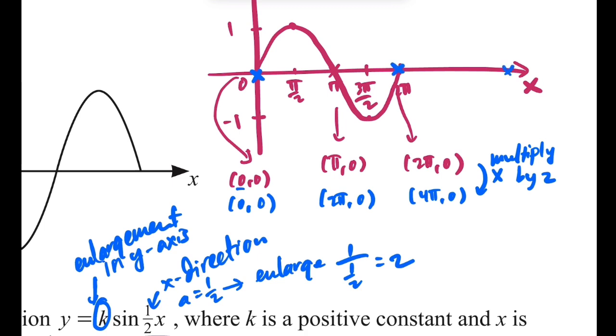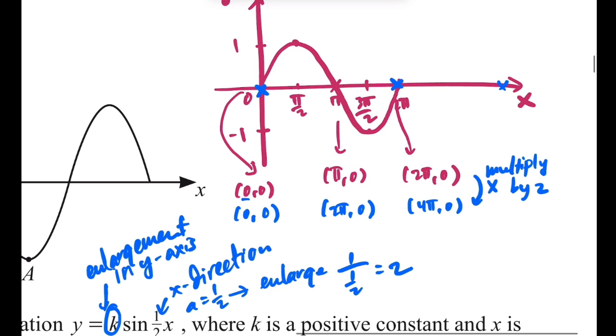Now, we also need to sketch the maximum and minimum points of sine half x. The original coordinates before are pi over 2, 1 and the other one is 3 pi over 2, minus 1, I'm sorry.